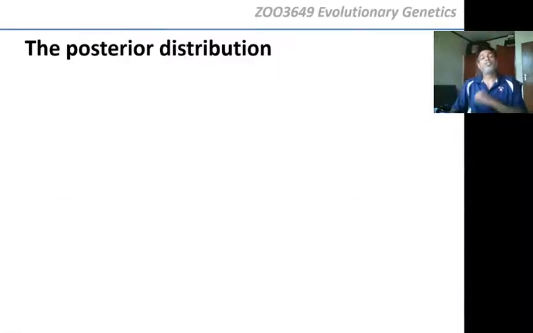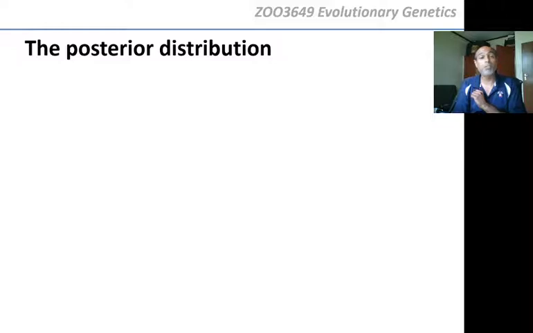All right. So the prior is the information we know before the analysis. We use this information to calculate the posterior. Okay? And so the prior has a distribution, and you multiply the prior by the likelihood function in order to get this thing here called the posterior distribution.